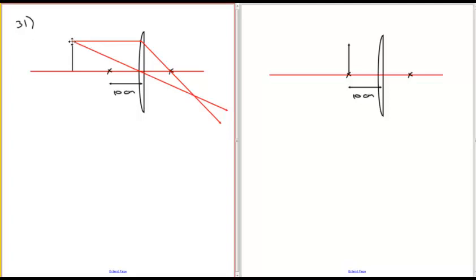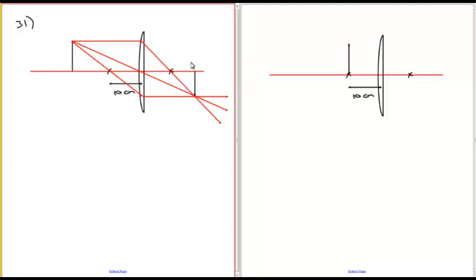The third ray goes through this focal point, intersects there, and then goes out parallel. That's where the image is located. Based on looking at it, it's going to be the same size and same distance as the original object. It's going to be inverted, and the magnification should be about the same. So that's the first one.